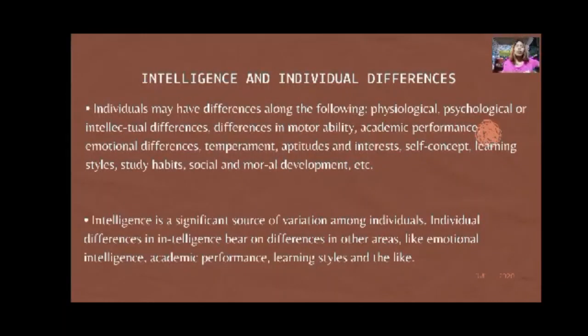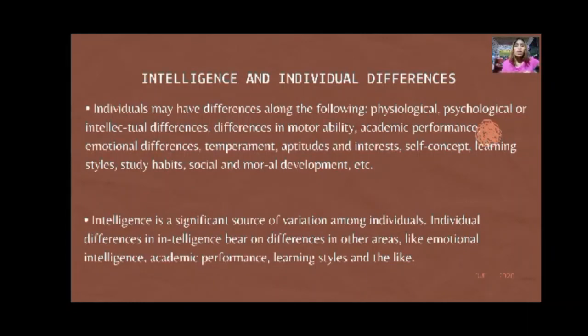And now, individual differences. People belong to a group called human beings. Be as it may, each person has unique characteristics, different from others. Each person has his own individuality, contributing to variations or differences among individuals.